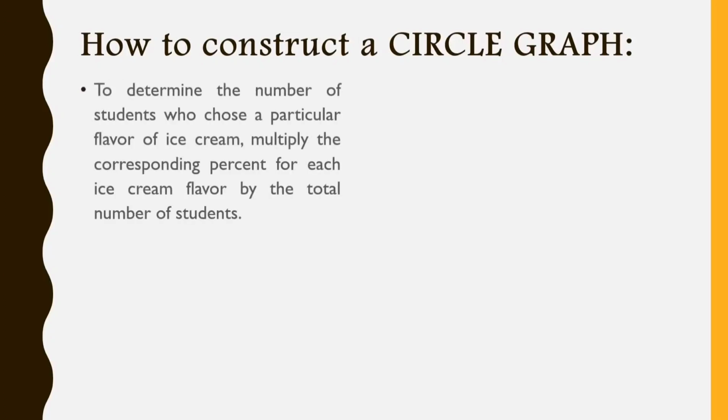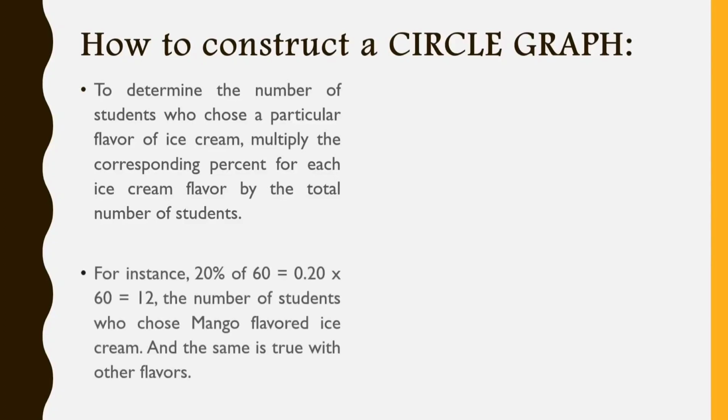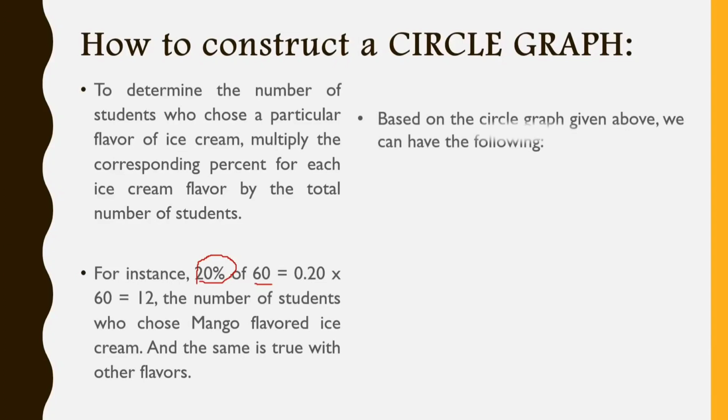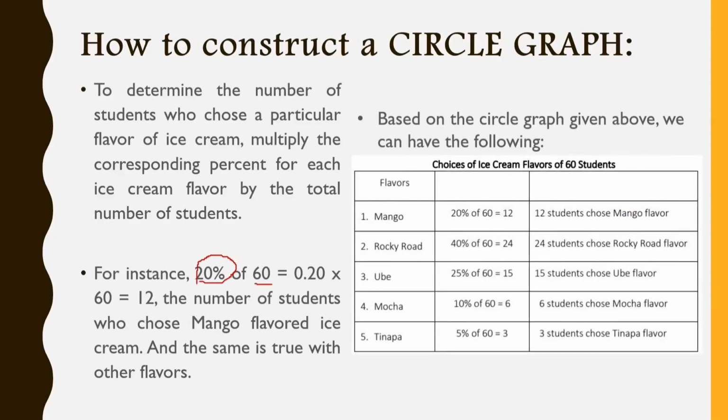Now, if you want to analyze the graph, we can continue by determining the number of students who chose a particular flavor of ice cream. When we are given the total number of students, we can easily do that. For instance, the total number of students is 60. So we simply multiply the percentage by the total number of students. For mango, 20% of students like mango, and there are a total of 60 students.